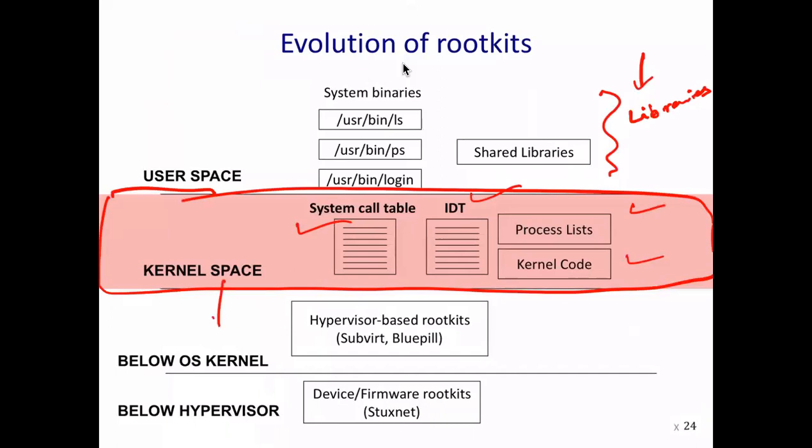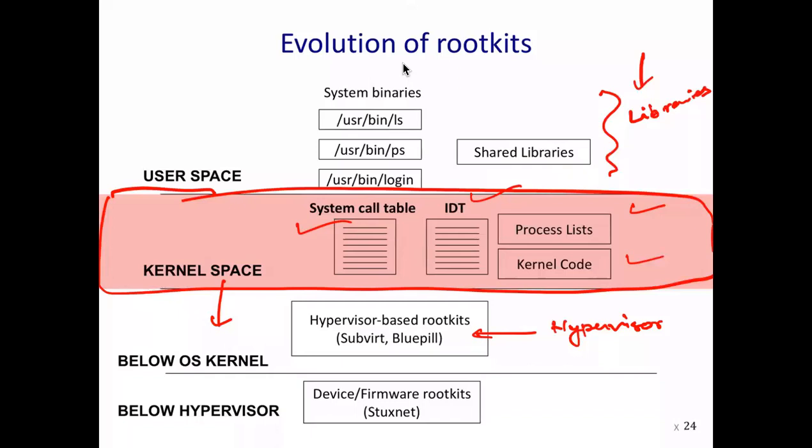And it can also be below the kernel. It could be at the hypervisor, for example. If you're running a VM, then there is a hypervisor underneath which will emulate the functionality of the hardware for the OS on top, right? So the OS will sit on top of the VM.